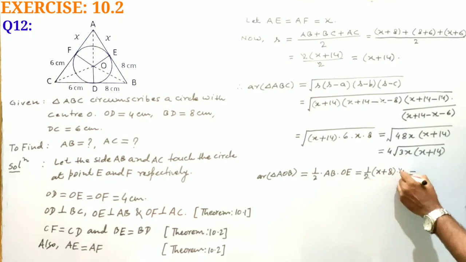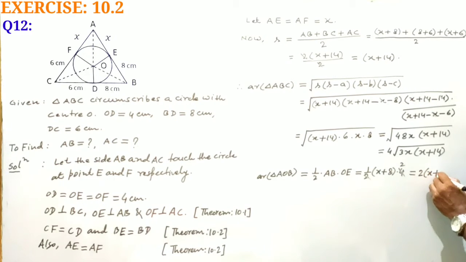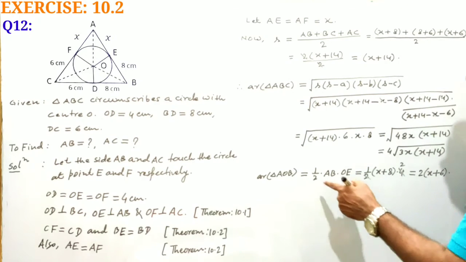So 2 twos are 4, so 2 into x plus 8 square units is the area of triangle AOB.